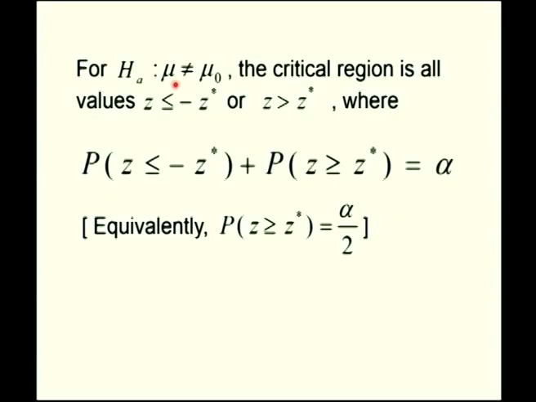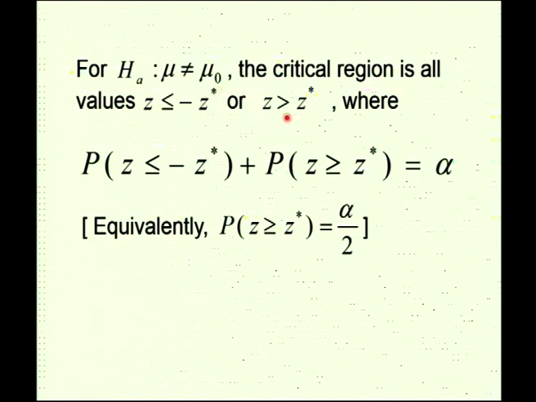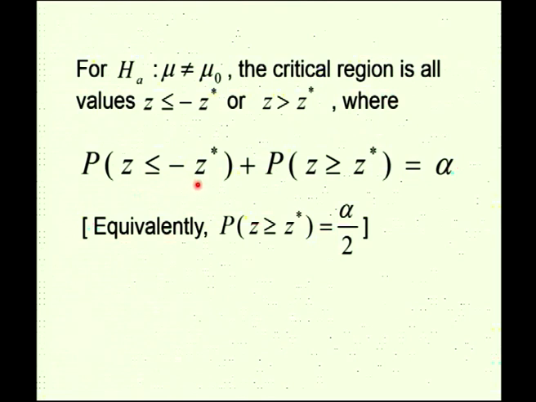Then talking about the two-tailed alternative, that is for HA such that mu not equal to mu naught, meaning mu greater than mu naught or mu less than mu naught, the critical region is all Z less than or equal to minus Z star or Z greater than or equal to Z star, where the two tail probabilities together give you alpha.